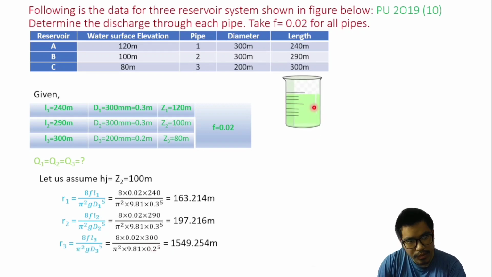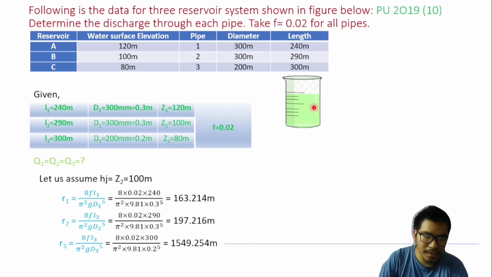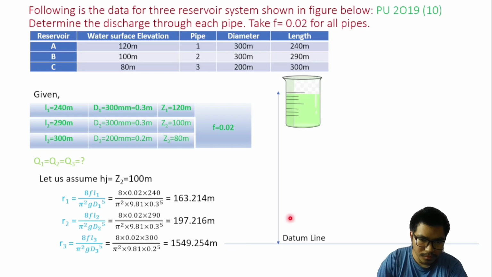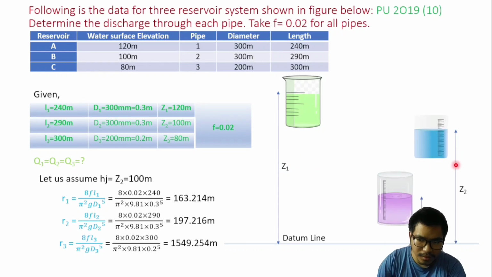So this is reservoir A, this is the datum line. The elevation is given in the question. Z1 is 120 meter, similarly Z2 and Z3.